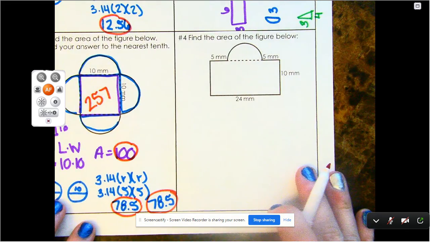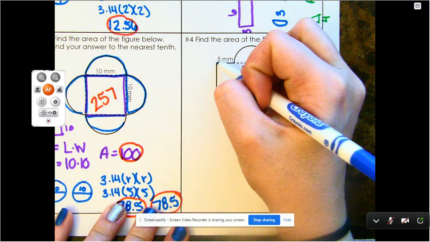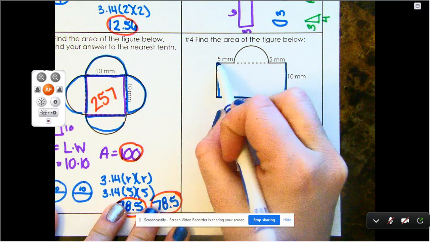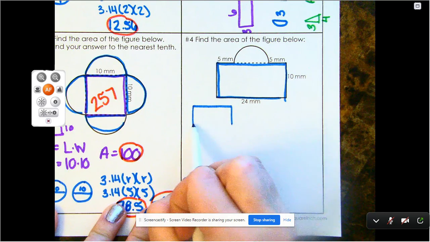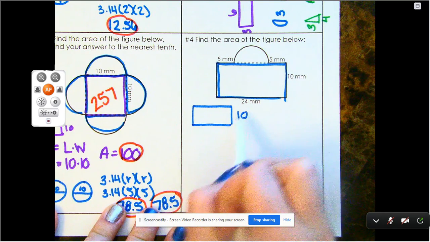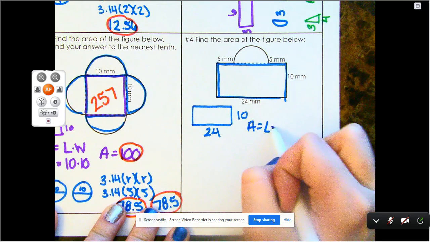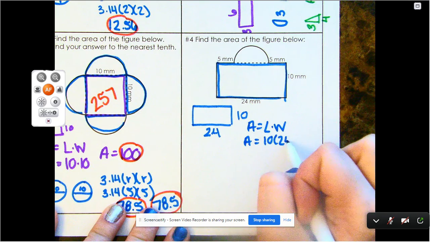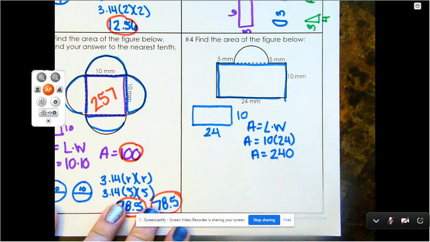Okay, now let's take a look at number 4, and let's see the shapes that we see in number 4. So I see a rectangle. So I see 10 and 24, and I know that the area is length times width. So 10 times 24, area equals 240.